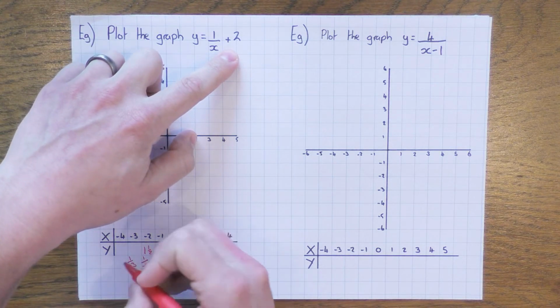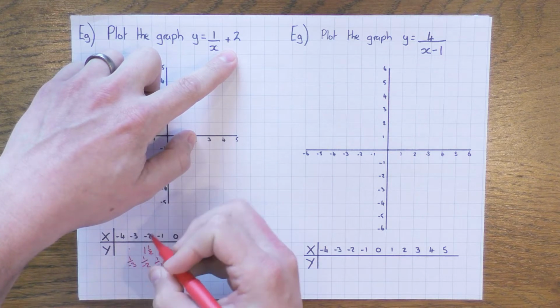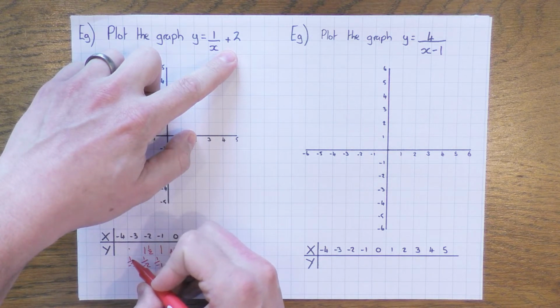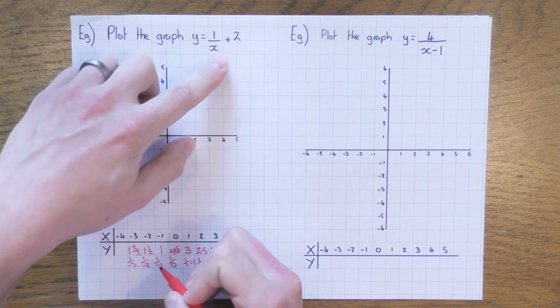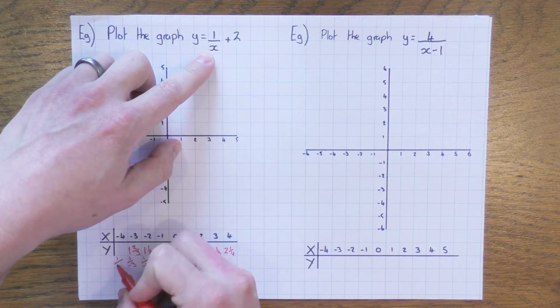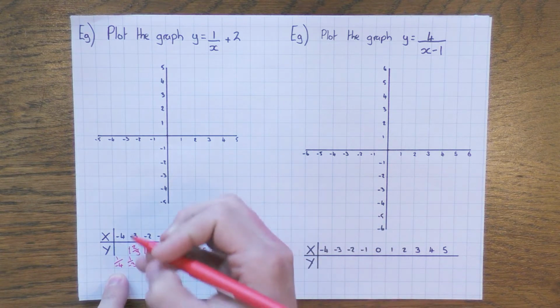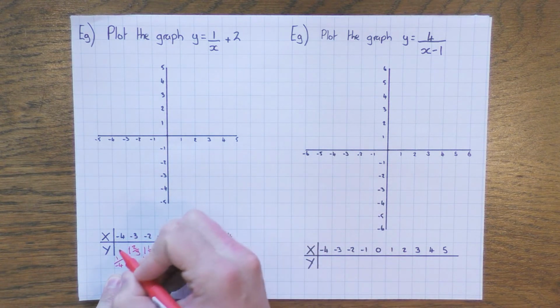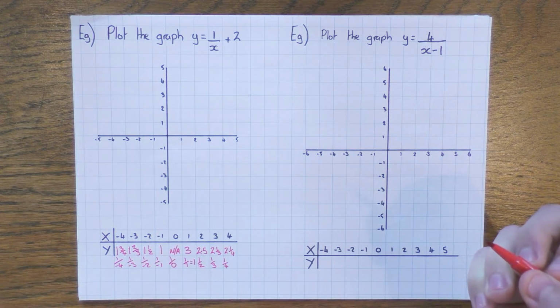So I'm going to add 2 to have... hang on a minute. So that'd be 1 2/3. Sorry, I'm just trying to do that in my head there. Yeah, 1 2/3. And the next one, I'm going to have 1 over minus 4, so that's going to be minus a quarter plus 2, which will be 1 3/4. Cool.